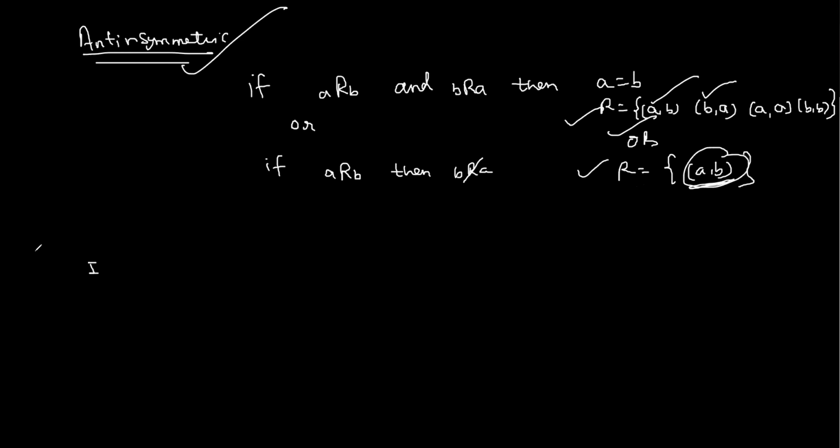Here, A is equal to B is checked only when B comma A is there. For example, 3 is equal to 5.